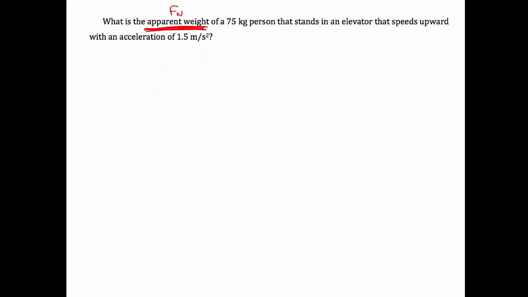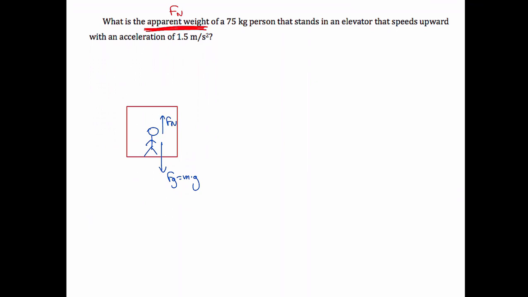Now, when we need to find the apparent weight for an object on an elevator, I prefer to draw a free body diagram on the person. Since we all live on planet Earth, there will be a force of gravity, which is mass times g, and there will be a normal force.